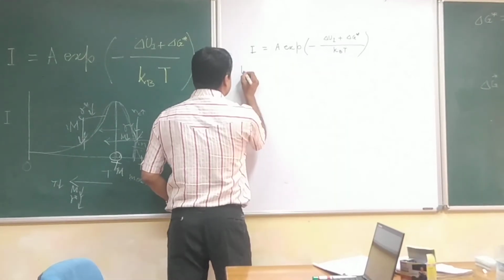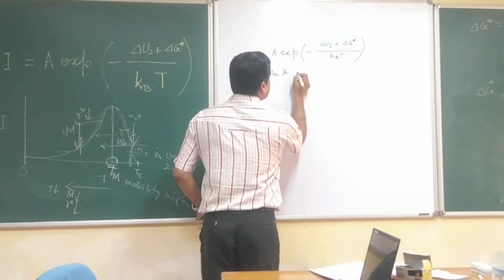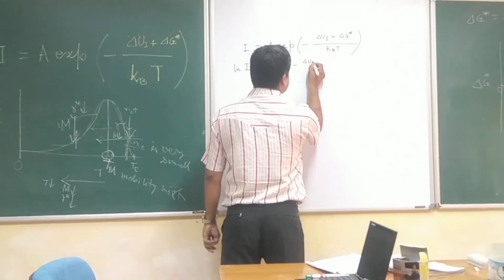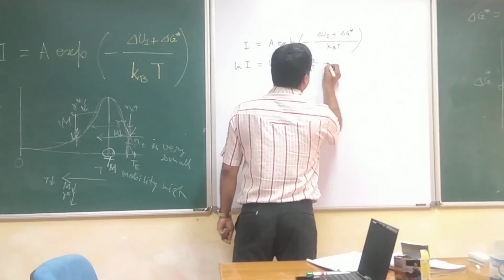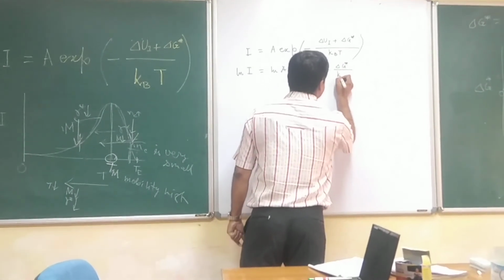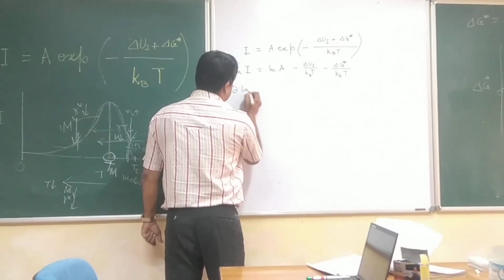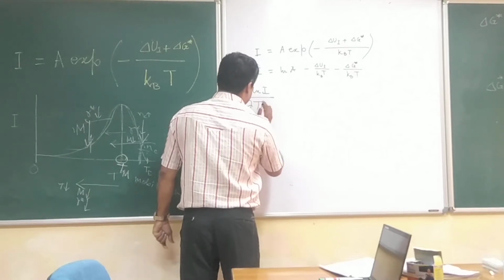You take the logarithm of this: ln I equals ln A minus delta Ui over kT minus delta G star over kT. Take the derivative of this ln I with respect to temperature.